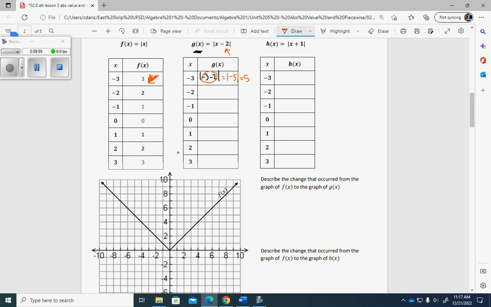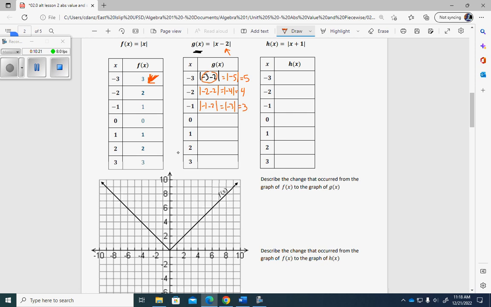So do the problem. Do the absolute value of negative 2 minus 2, which is the absolute value of negative 4, which turns out to be 4. And then the absolute value of negative 1 minus 2 is equal to the absolute value of negative 3, which turns out to be 3.